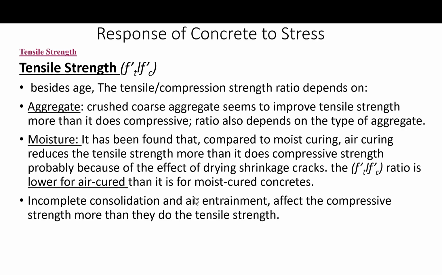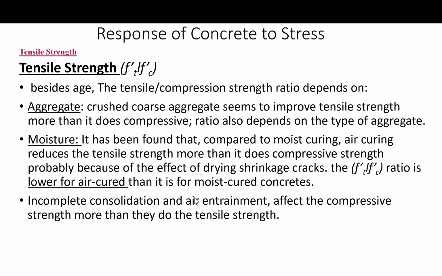Okay, so remember that. Also, incomplete consolidation and air entrainment will affect the compressive strength more than they do the tensile strength. They will affect tensile strength, but their impact on the compressive strength is higher.